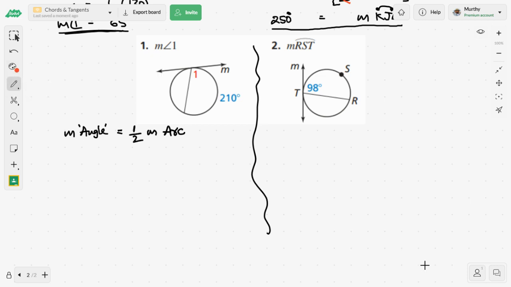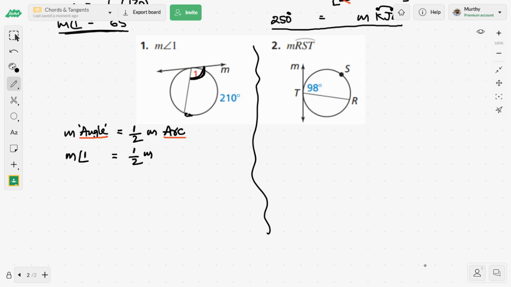This point you have to remember, measure of angle equals half the measure of the arc. Now let's plug in these values. Here the angle is not given, so you have to figure out the measure of angle 1, which equals half the measure of the arc.